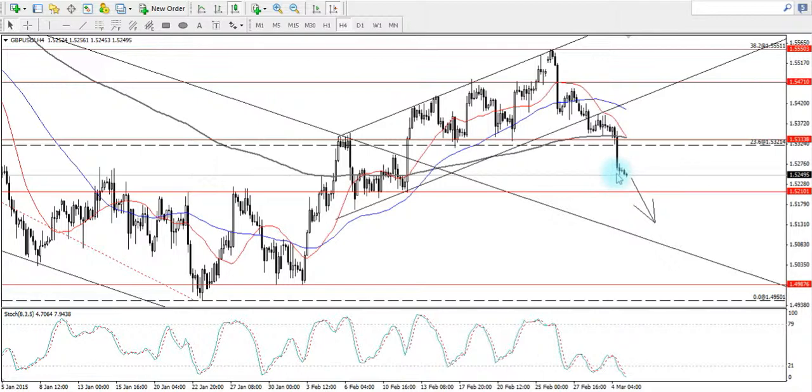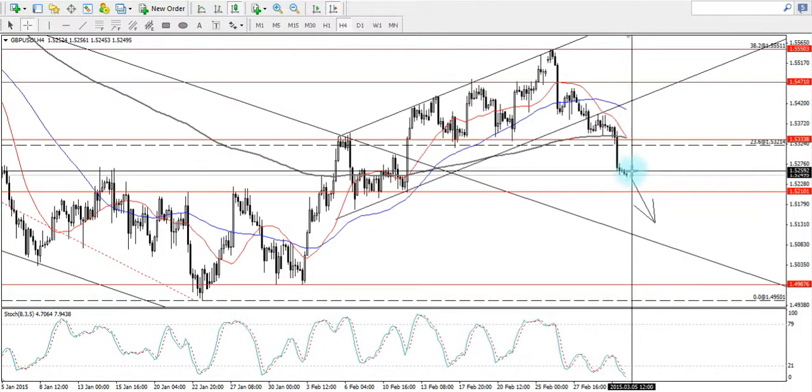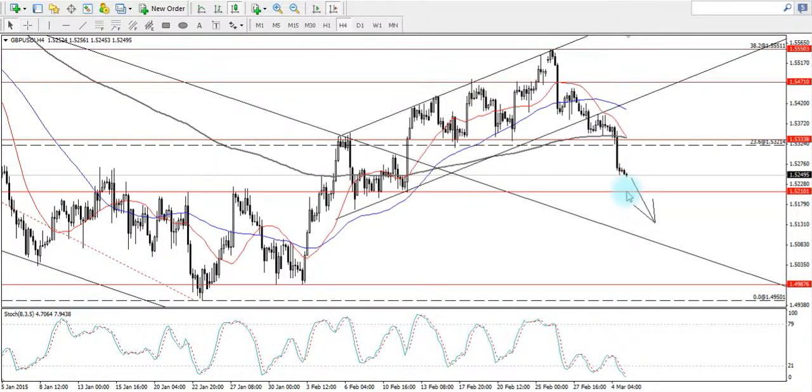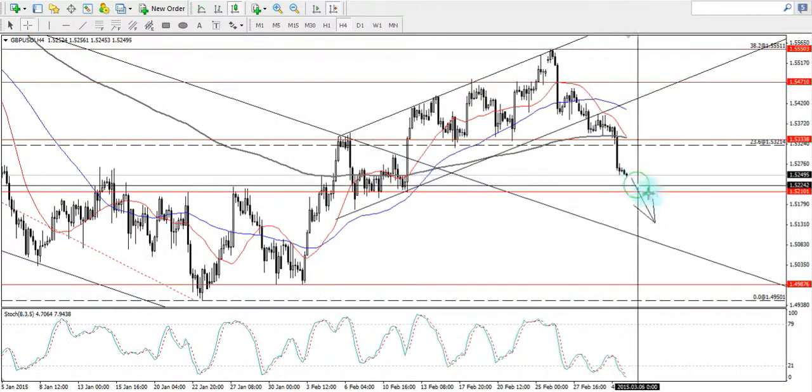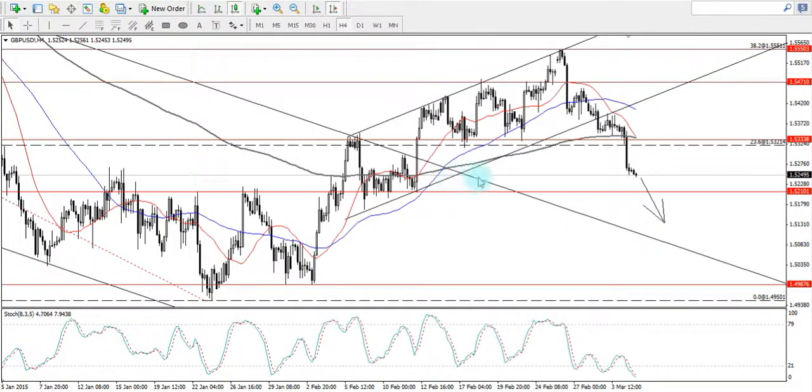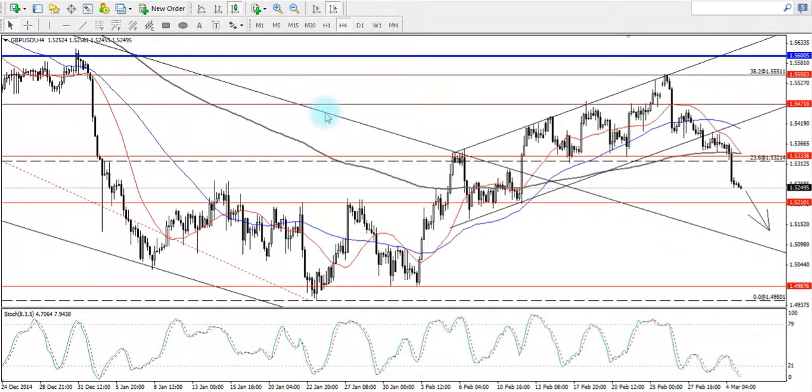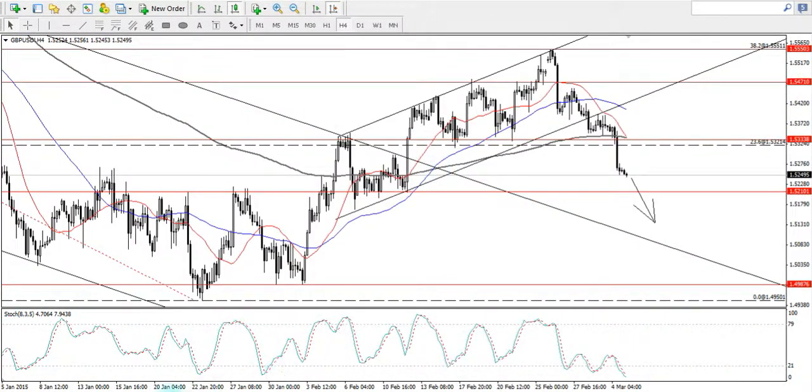So over here we are waiting for price to reach the next support level at 1.5210, and to see if there's a retracement for us to capture an opportunity to short. So that's pretty much straightforward for the pound against the US dollar.